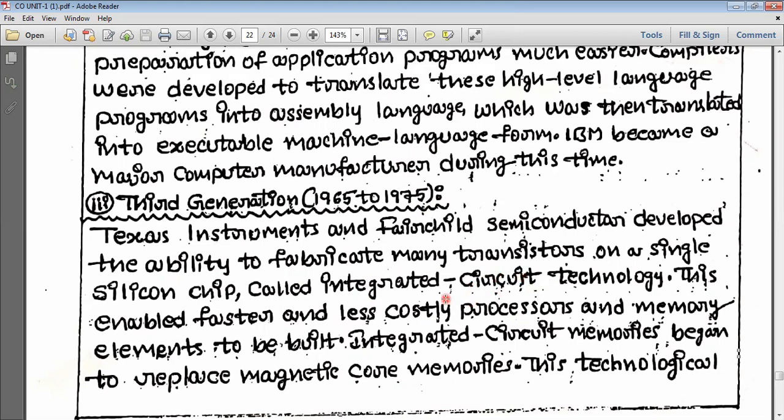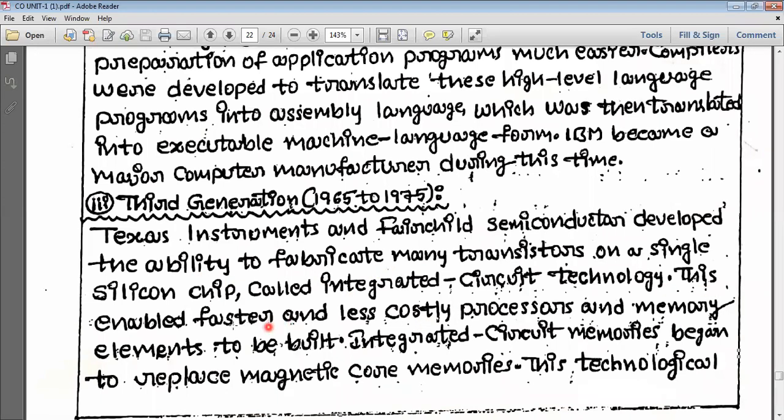An integrated circuit has many transistors, resistors and many other components built into it. That's why the size is reduced compared to the second generation, and the access speed is also very high.